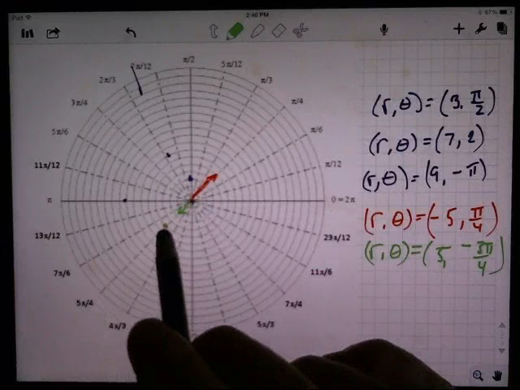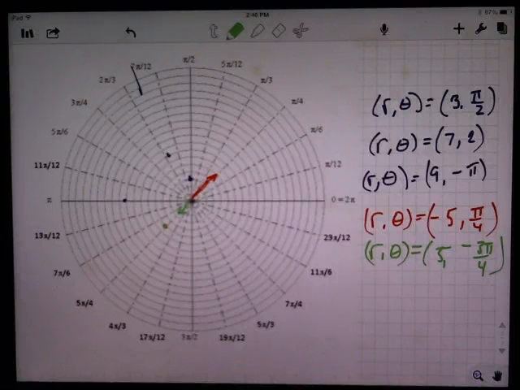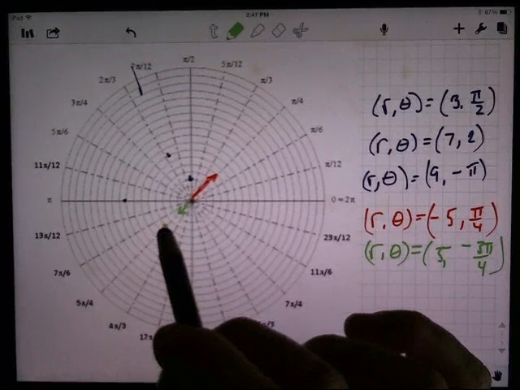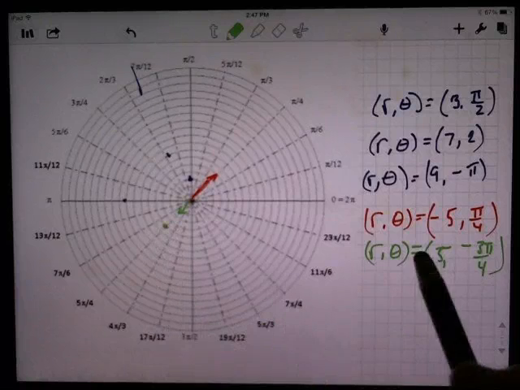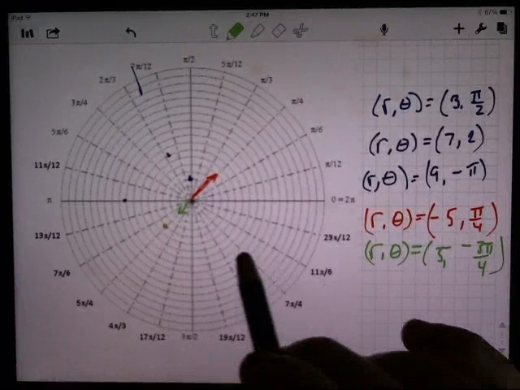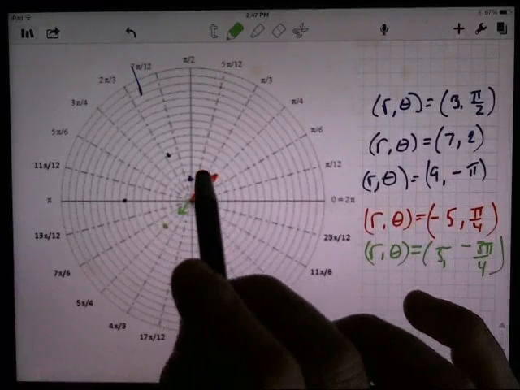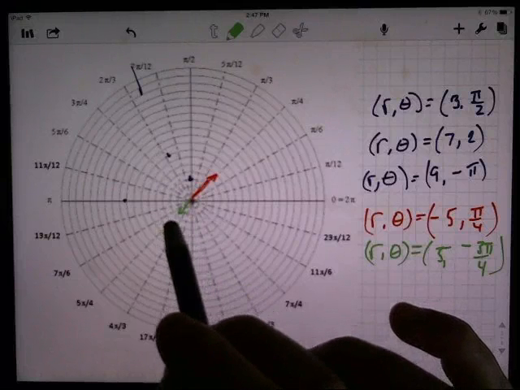Now this is something that's very different about polar coordinates from x's and y's. Each point in the plane can actually be written with many different pairs of coordinates. In x's and y's, it's unique. If you say I'm at the point x y equals 2, 3, there isn't any other way you could describe that point. But in polar coordinates, you can do it many ways. And I say many ways because, heck, even with the 5, negative 3 pi over 4, I could have said, turn through an angle of 5 pi over 4, and then go a distance 5, right?